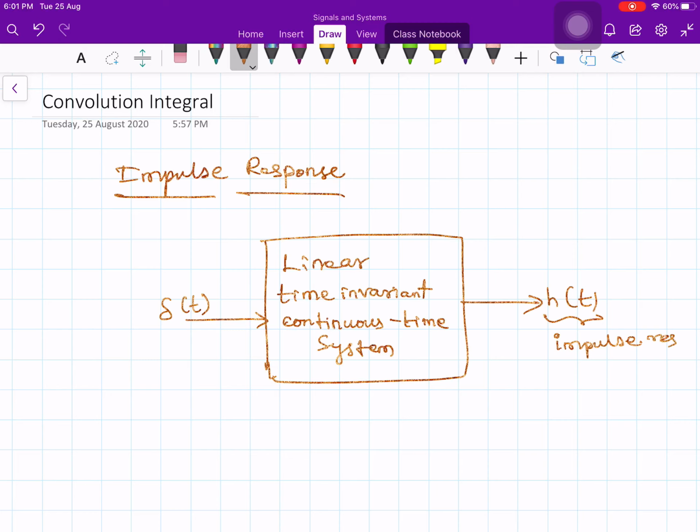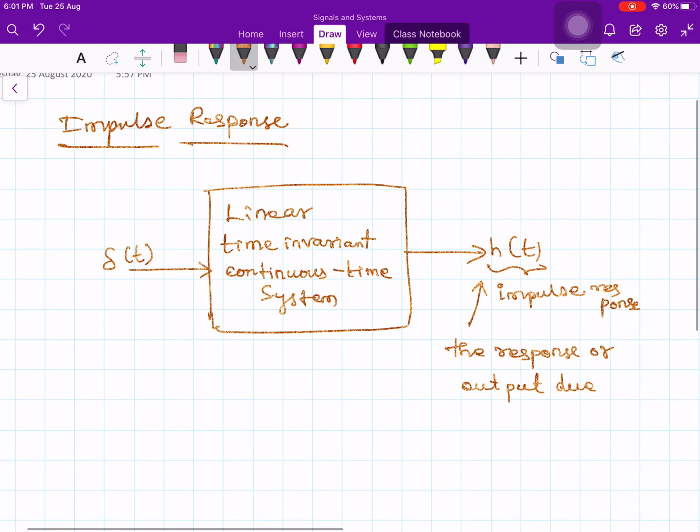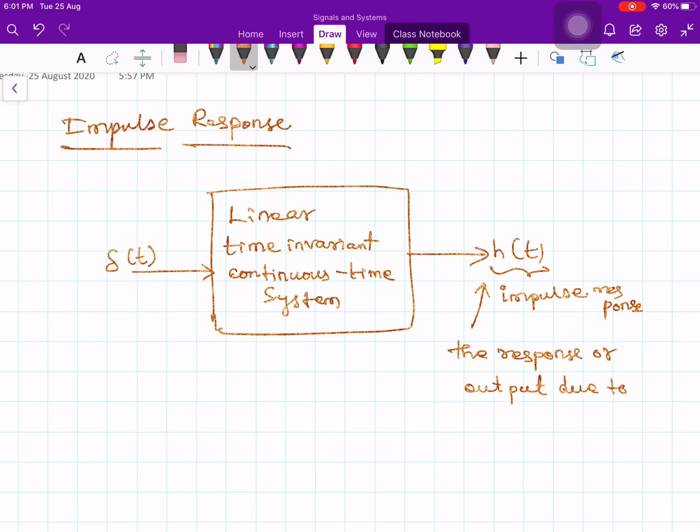That means the response or output due to the impulse at the input of the LTI system.